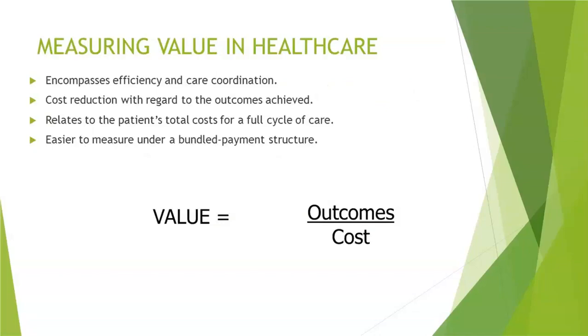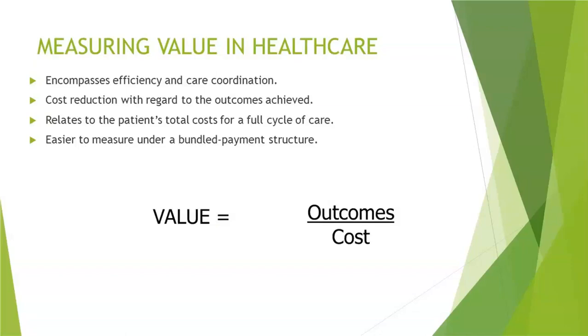When you look at a value metric like this, you're looking to see whether you're efficient, whether your care coordination processes are adequate. Are you spending the right amount to get to the outcomes that you want to achieve? And it relates to your patient's total cost for that full cycle.